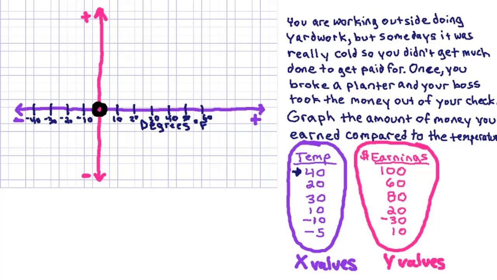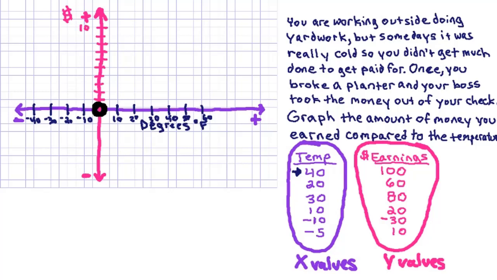And then on your y-axis is going to be your earnings. I'm going to put the dollar sign up here for your earnings. And we're going to say every square is going to equal $10. So here's $10, $20, $30, $40, $50, $60, $70, $80, $90, and $100.